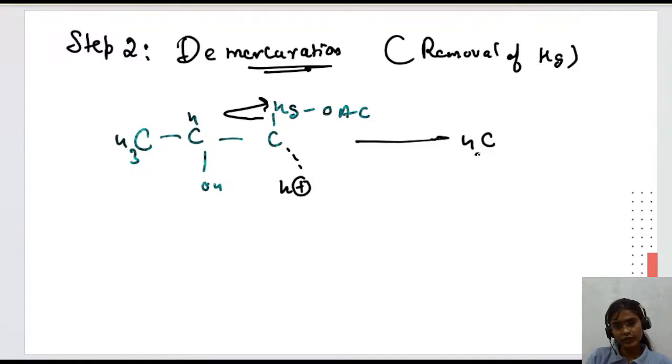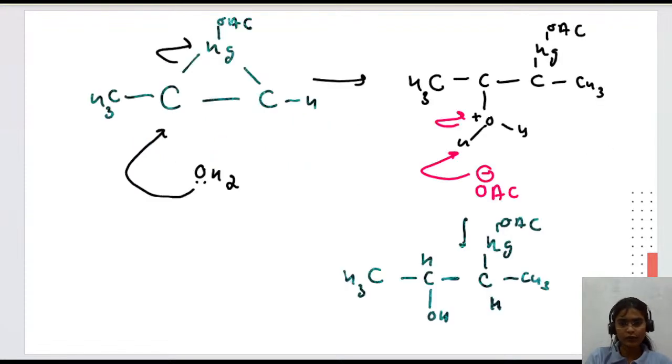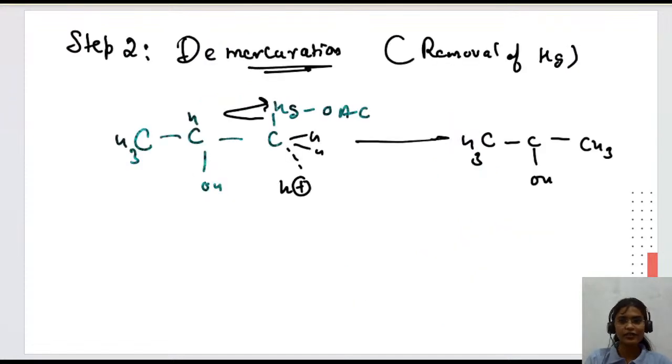So let me just write, it's a CH3 and OH group connected here, and this is a CH3, like this. Sorry, it's not CH3, hydrogen has to be there, otherwise you will reach the problem of an extra CH3, right? I'm sorry for this. So this is the correct answer.